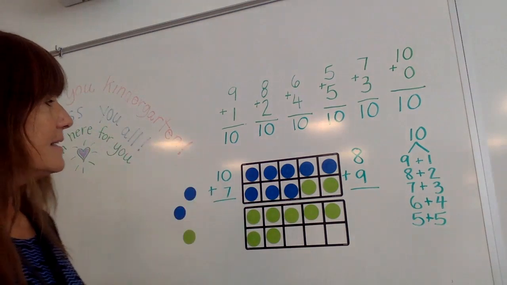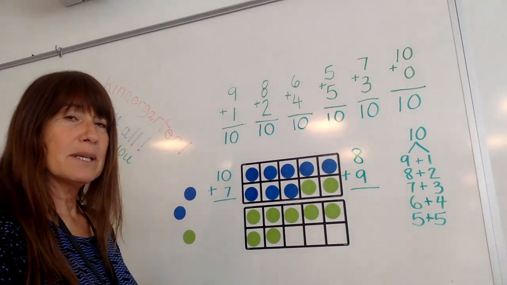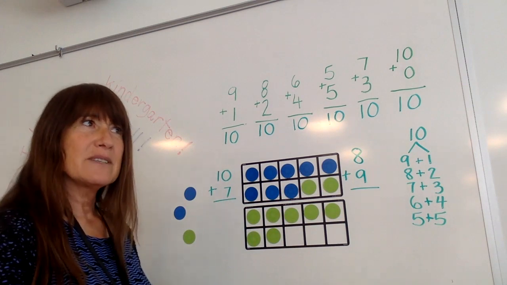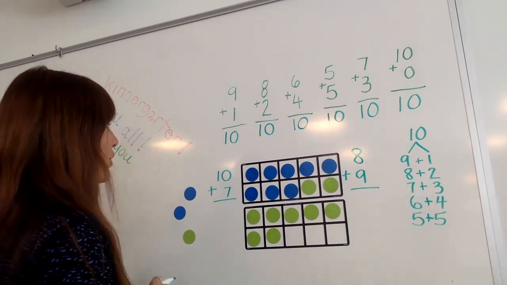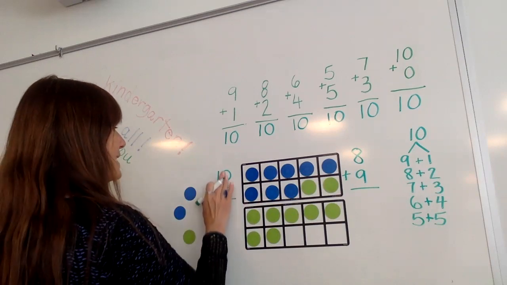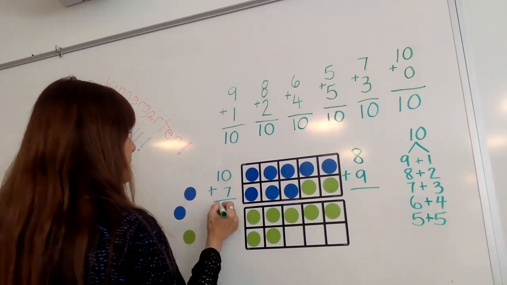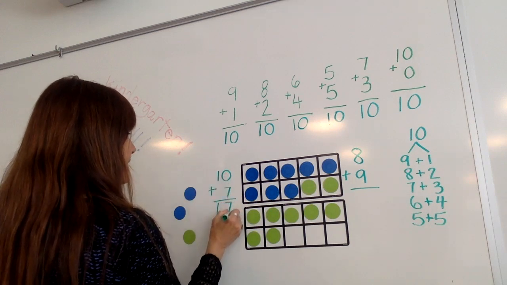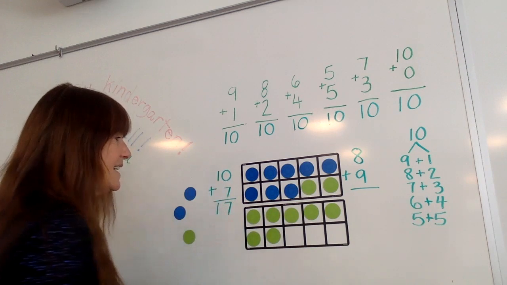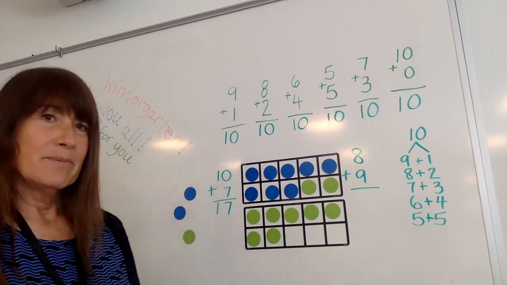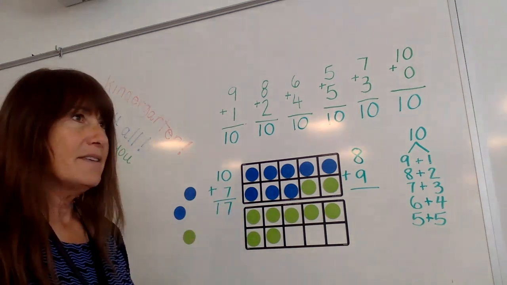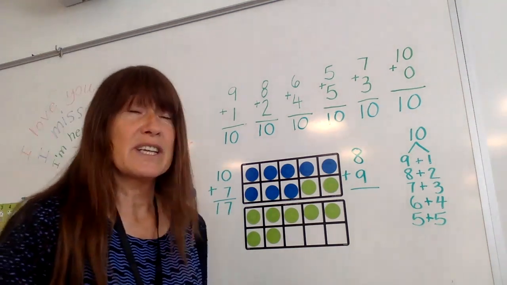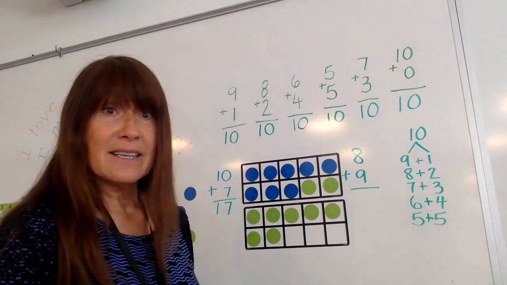Is that easy to add together, 10 plus 7? I remember doing this with beads, and all we had to do was move that 7 up to cover the 0, because 7 plus 0 is still 7, and that 1 stays there. So that's kind of easy. 10 plus 7 is 17. 10 plus 6 is 16. 10 plus 4 is 14. 10 plus 8 is 18, right?